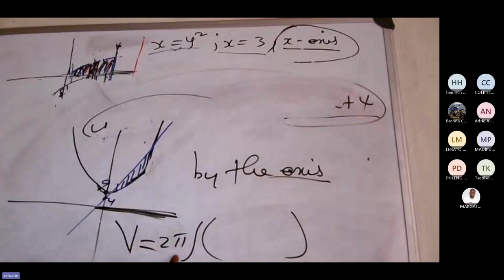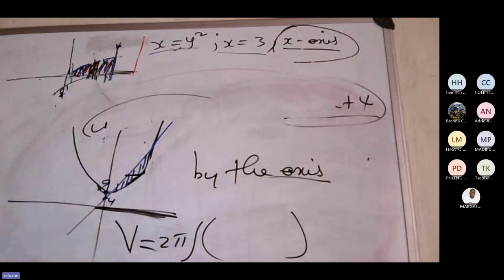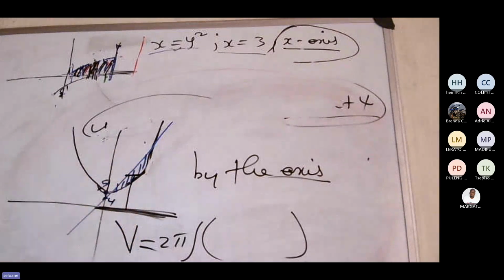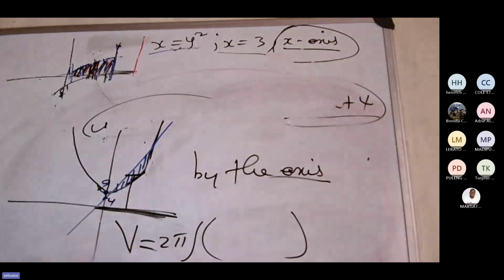So here we're using what? The shell, because they say 2 pi. Because now it is 2 pi, therefore you are going to cut parallel. You're going to cut this. Then from there you're going to say, what is this distance? It's a vertical distance. Therefore, it will be y here minus y here.